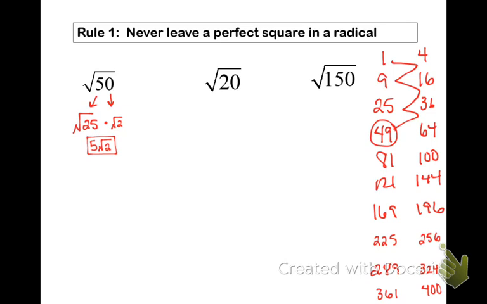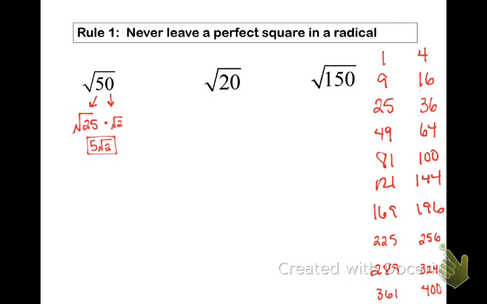Doing the same thing with the 20. So with the 20, the next number in my list is 16.